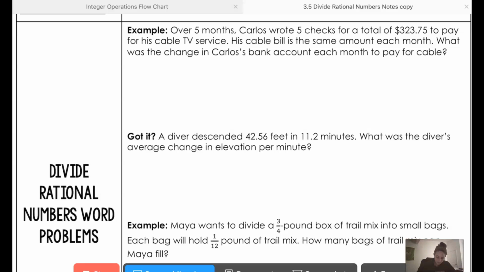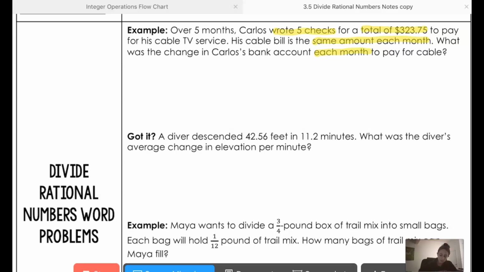All right, for the first example in word problems, it said over 5 months, Carlos wrote 5 checks for a total of $323.75 to pay for his cable TV service. His cable bill is the same amount each month. What was the change in Carlos' bank account each month to pay for cable?